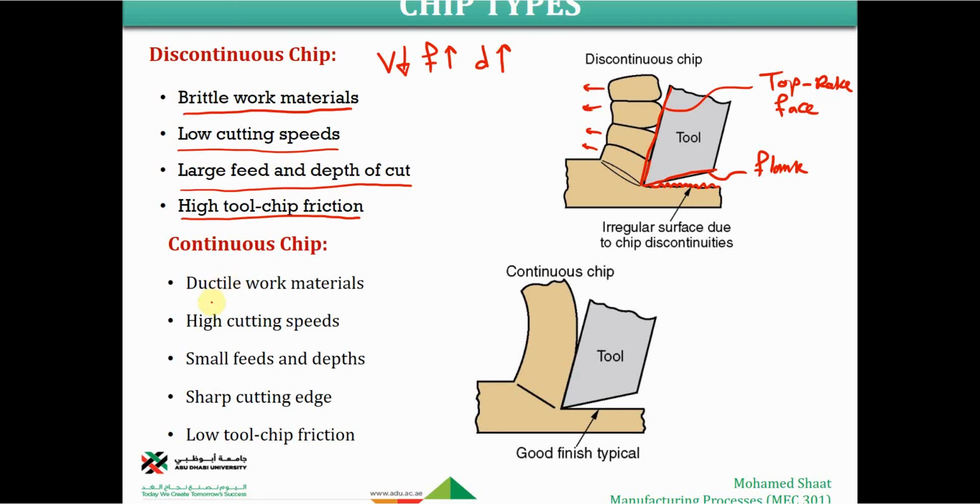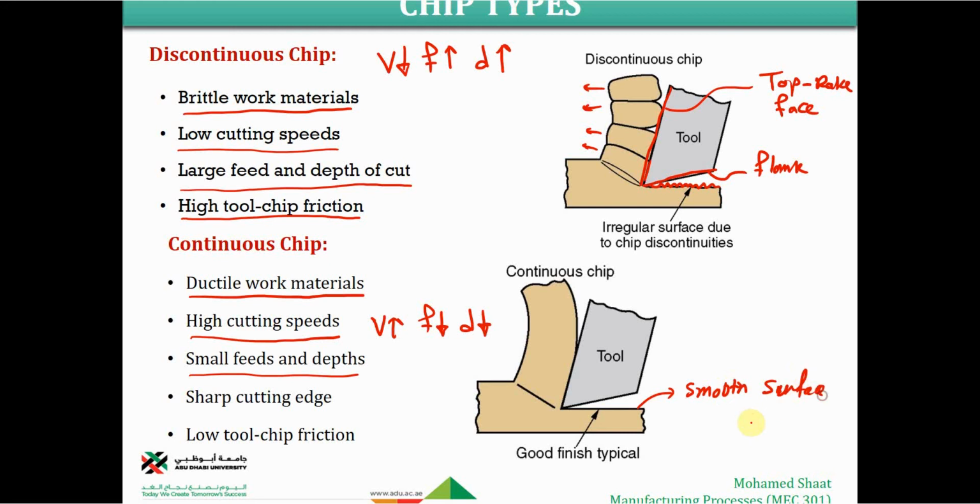But the continuous one is mainly produced in case the workpiece is a ductile material, and especially if we are performing the machining operation at very high speed, but low feed and low depth of cut. So for low feeds and depths of cut, we are going to end up with a super finish. This is a smooth surface of the workpiece, known as finished surface.